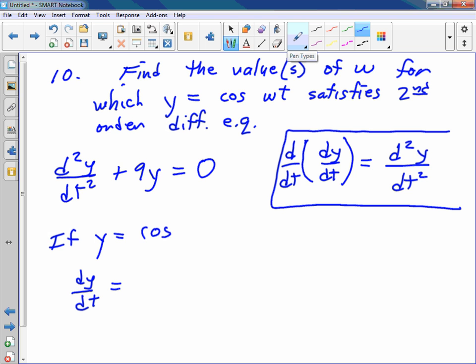As you all know, I make lots of little mistakes, and I beg your indulgence, but I also need your help finding them. Okay, here we go. If y equals cosine omega t, what does dy dt equal?